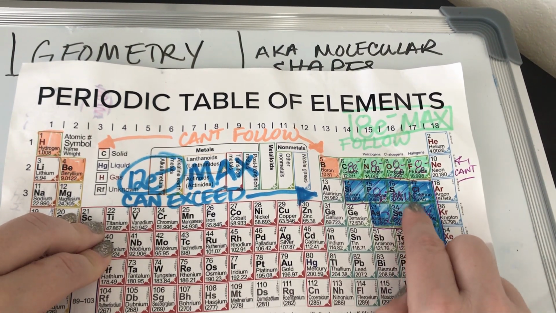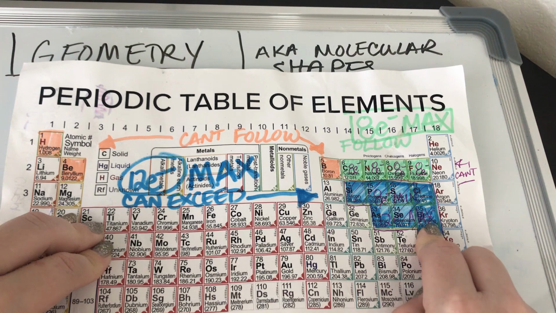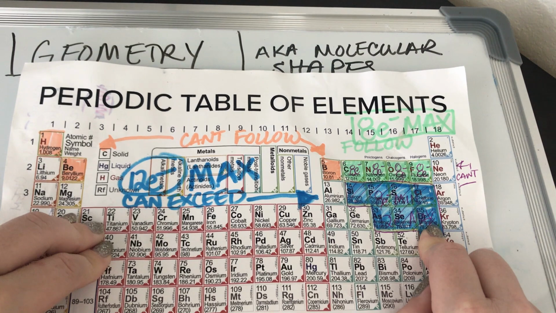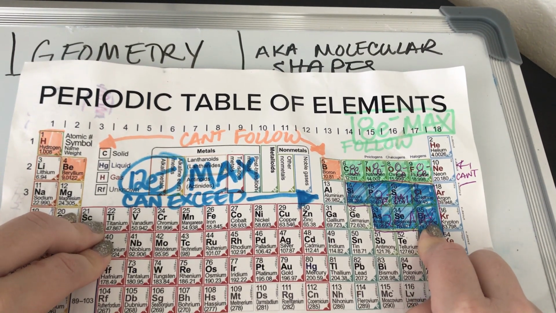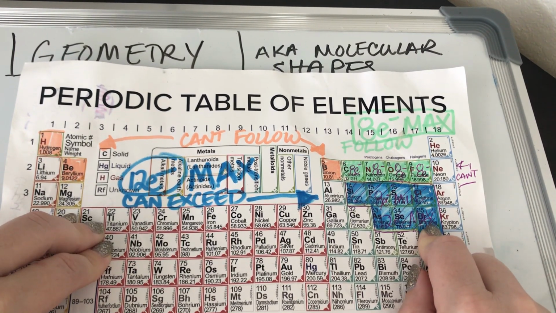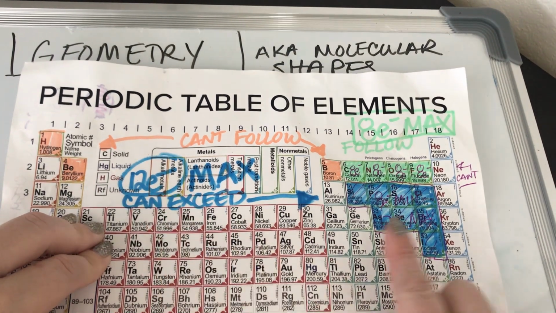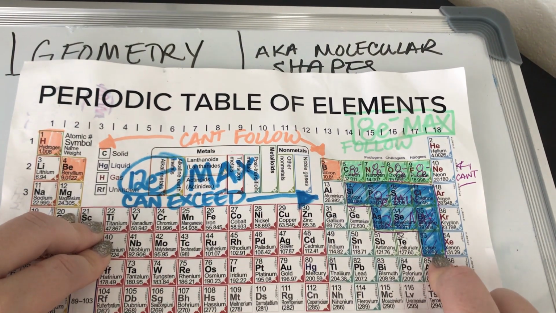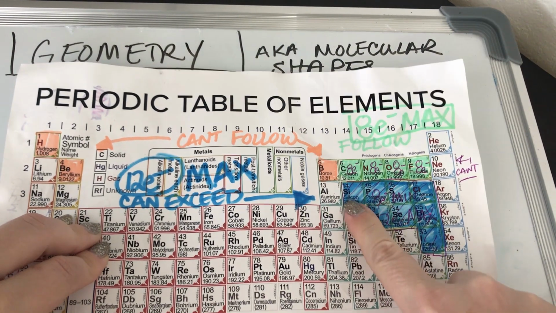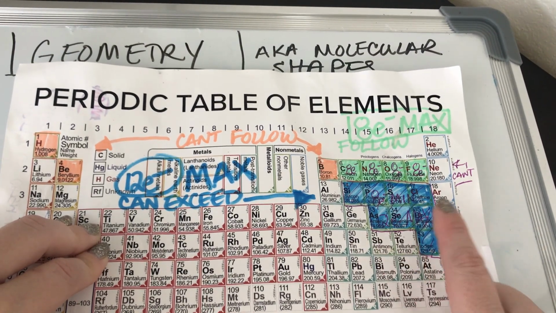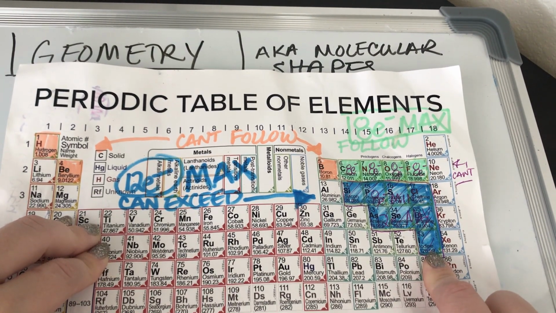Now, for the guys that can exceed the octet rule, the octet rule becomes a minimum. So that's the minimum number of electrons it can have: 8 electrons around you as a minimum, or up to 12 as a maximum. That's for anybody in row 3 and below that's a non-metal: silicon, phosphorus, sulfur, chlorine, arsenic, selenium, bromine, and iodine.